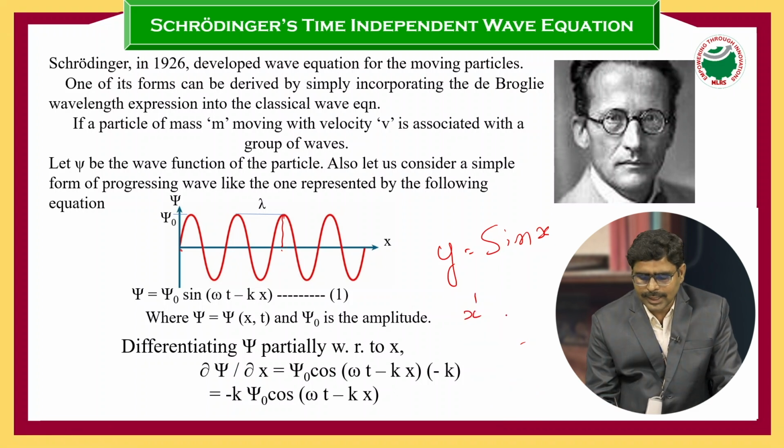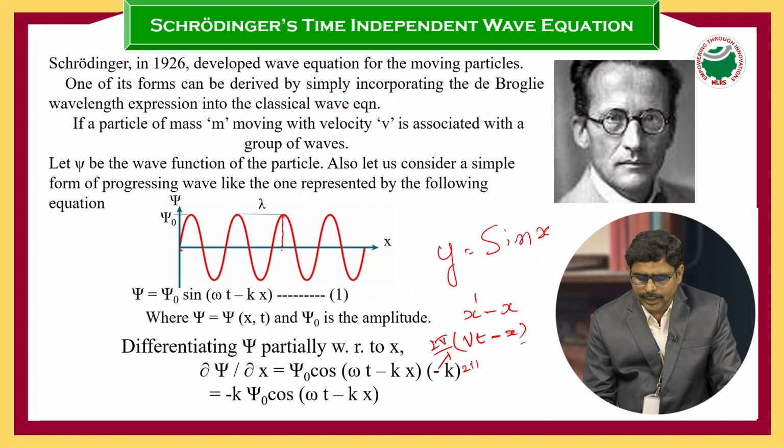Here x dash minus x is replaced with vt minus x, into 2 pi by lambda. This becomes 2 pi v by lambda into t, minus 2 pi by lambda into x.